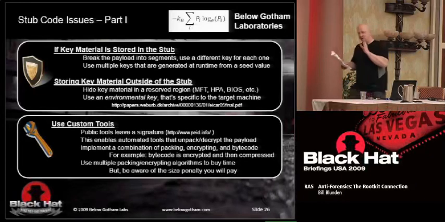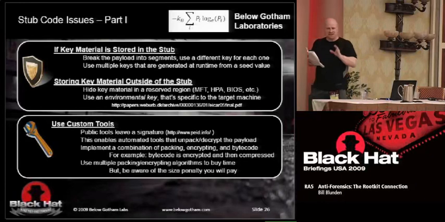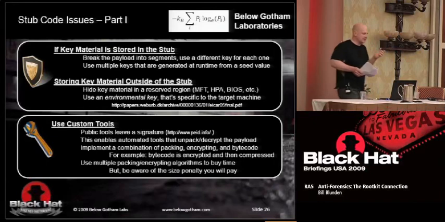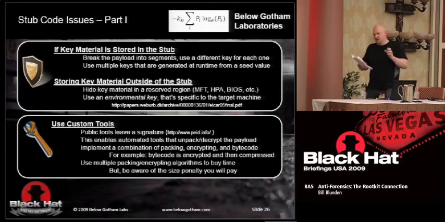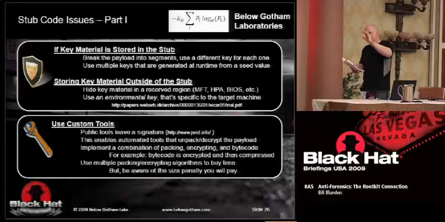Keep the key outside of the stub. If you can't, then you've got to make the decryption process as expensive and elaborate as possible. You might break up the encrypted executable into sections and use a different key for each part, and then generate these keys from seed values when the application starts.